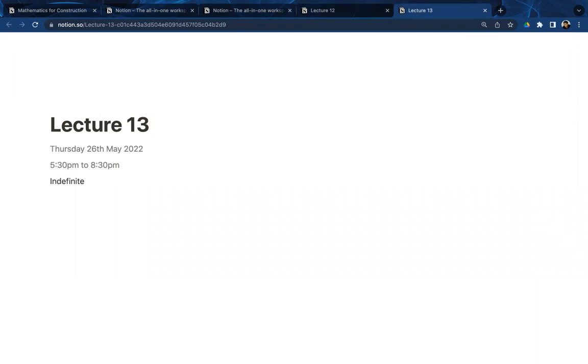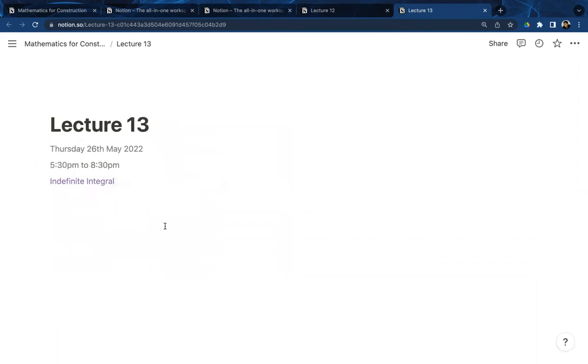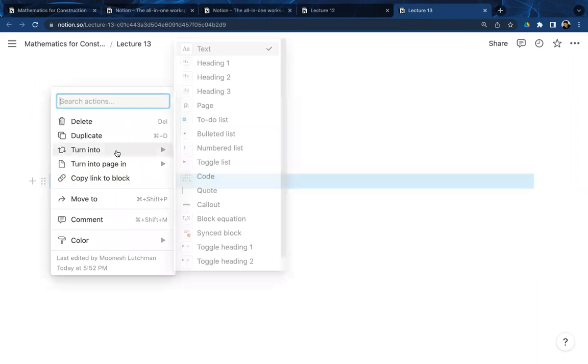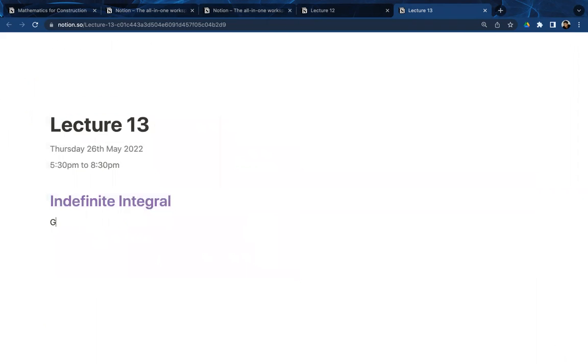Indefinite integral: given a gradient function, find the original function.